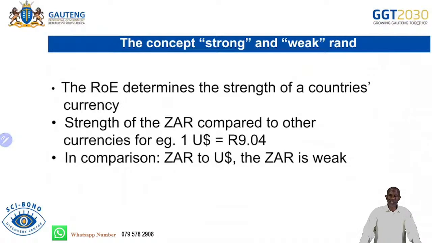The concept of a strong and a weak rand, as per the rate of exchange, determines the strength of a country's currency. The strength of the South African rand, which is known internationally as the ZAR, compared to other currencies, for example, $1 is equal to 9 rand and 4 cents.